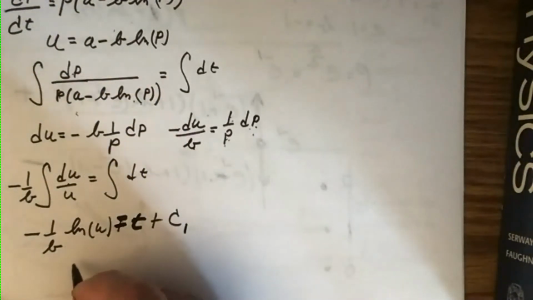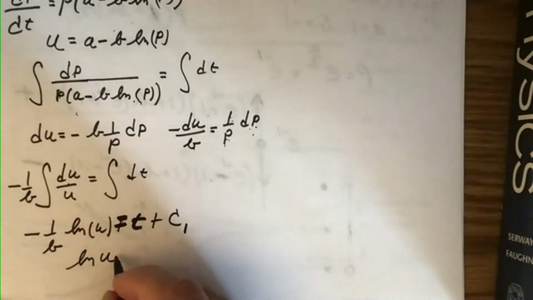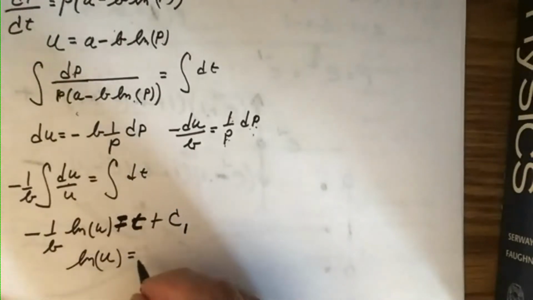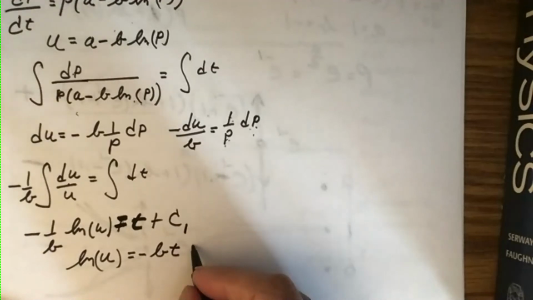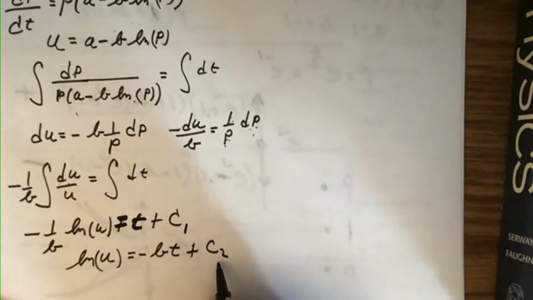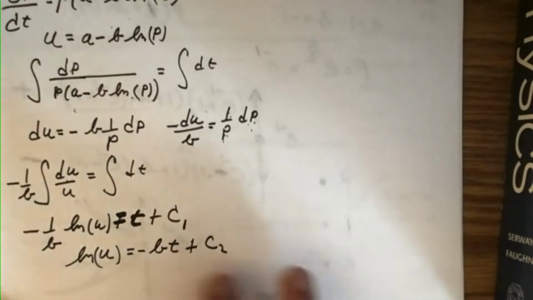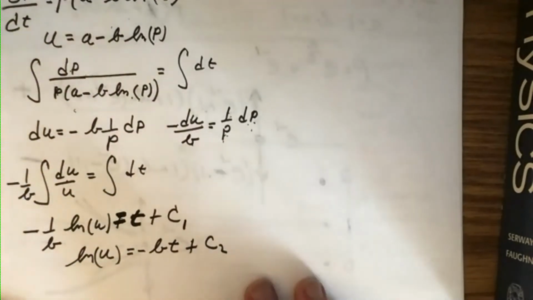So I'm going to write this as the natural log of u is equal to minus b times t, and I'm going to leave this as a plus c2. This is like a new constant. Remember, in a differential equation, we have a constant, we can keep changing it.